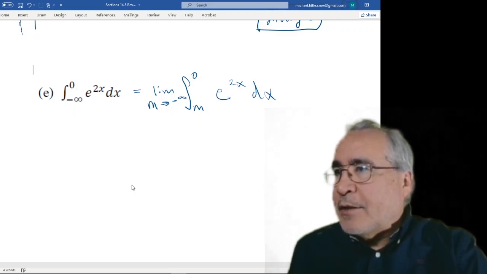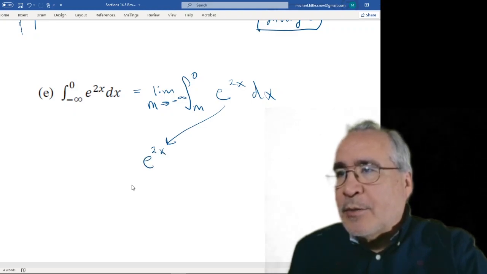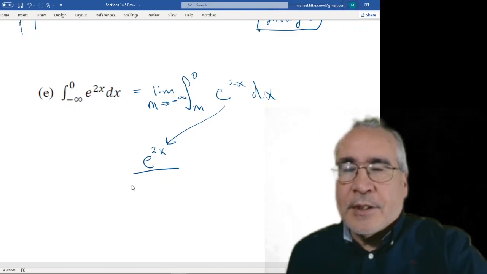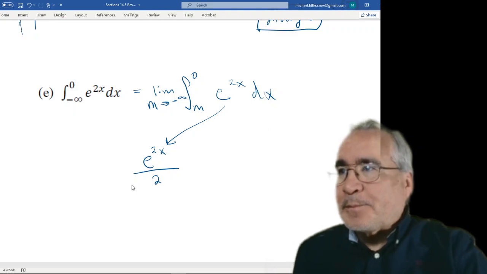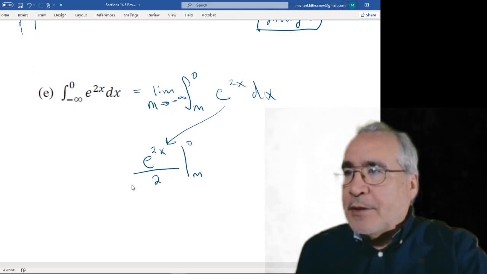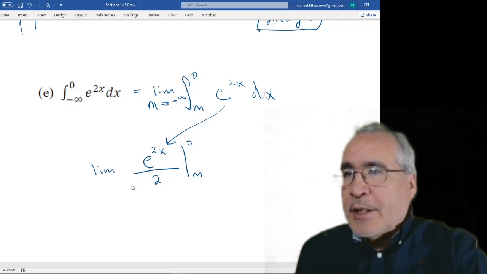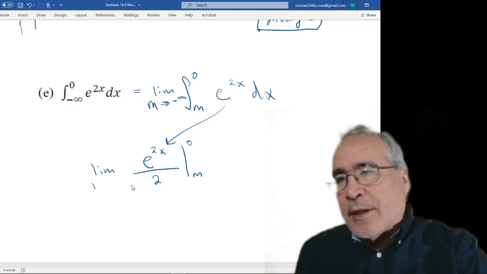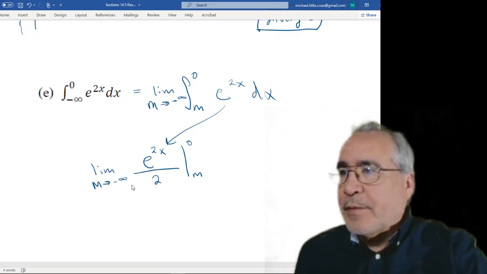When we integrate this part here, it just becomes e to the 2x, and remember the shortcut rule says we have to divide by this constant coefficient, right? So we divide by 2. Our limits are m to 0, and we still have our limit here as m goes to negative infinity.